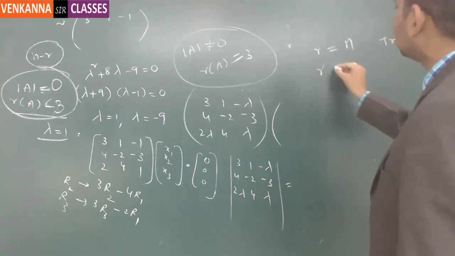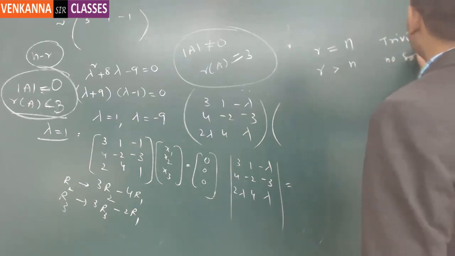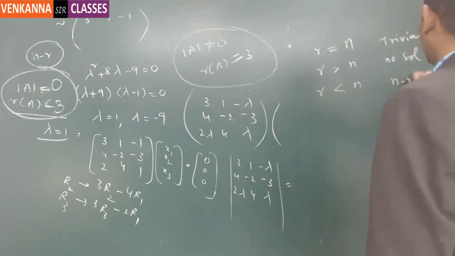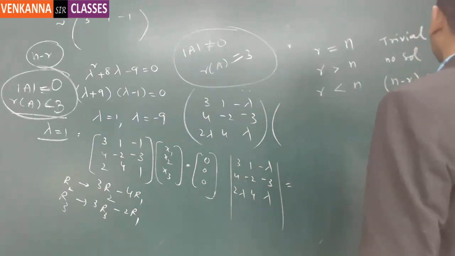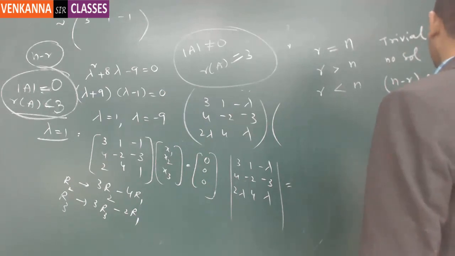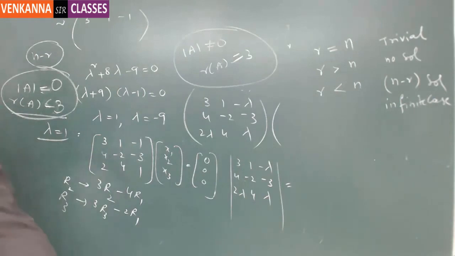If rank is greater than n, no solution. If rank is less than n, then n minus r solutions, the infinite case. This is the possibility for the rectangular system.